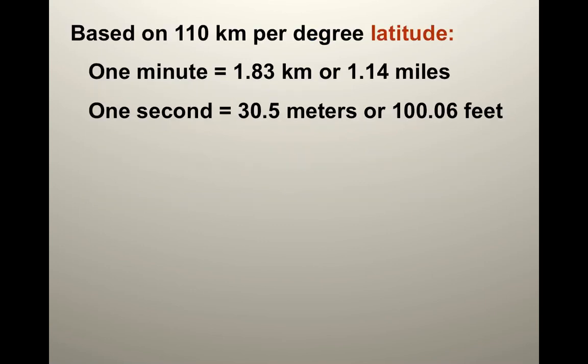Now write these down. Based on a couple slides ago, we know that 1 degree of latitude is about 68 miles. 1 minute is going to be about 1.14 miles, and 1 second is going to be about 100 feet.